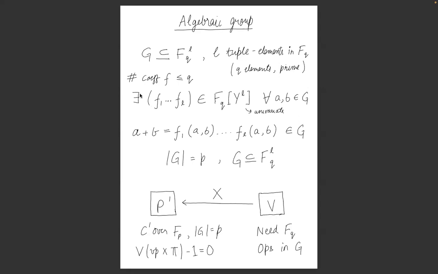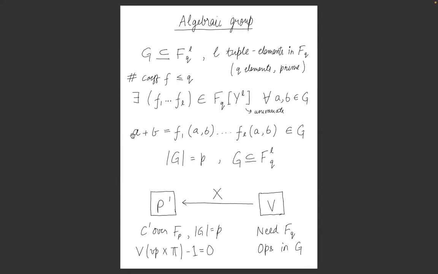Now the statement says that there always exist polynomials f1, f2, up to fL, which are elements of this L-tuple of field elements, such that if we take any two elements in the group and do an operation in the group, we can substitute that operation by these polynomials.